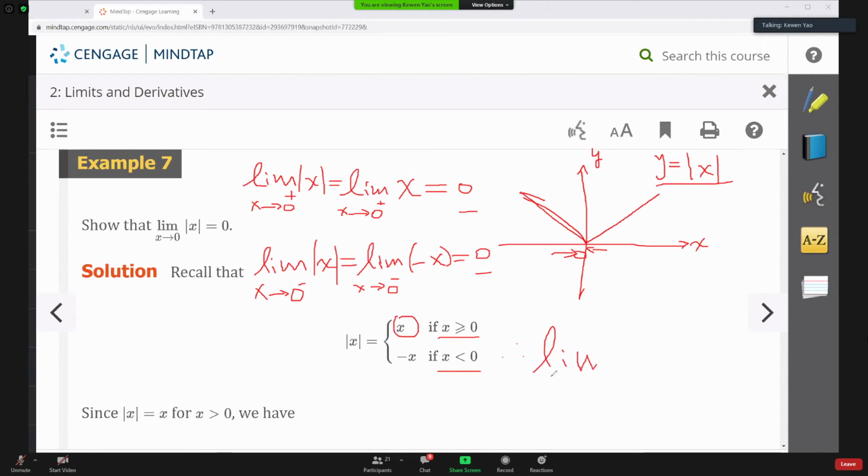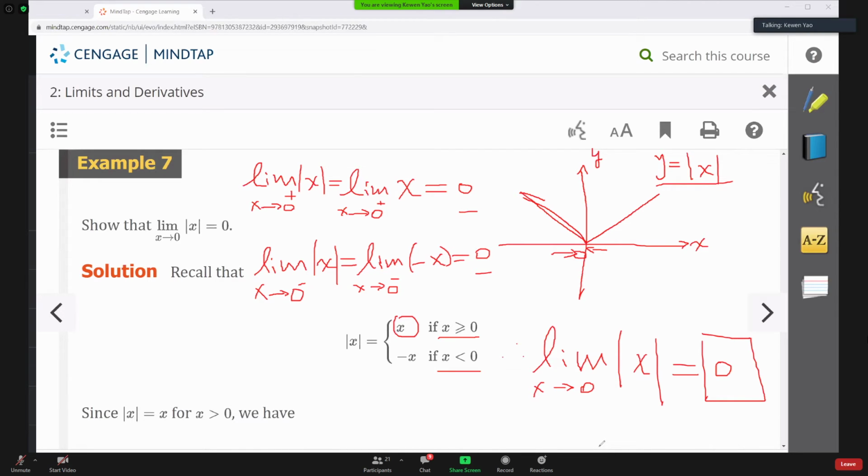Please write down, equal to 0. So we have finished. The answer is 0. We have found the limit as x approaches 0 of absolute value x, which is 0, by using the right limit and the left limit. They are equal to each other, so therefore the answer.